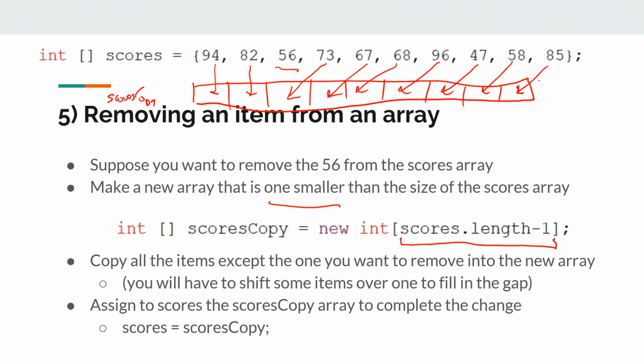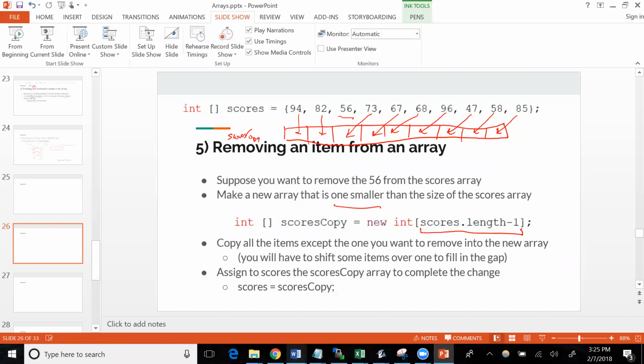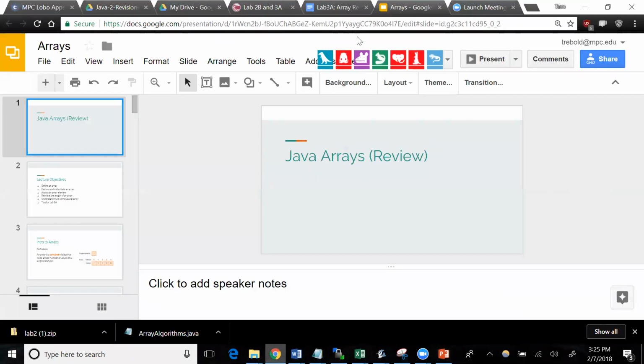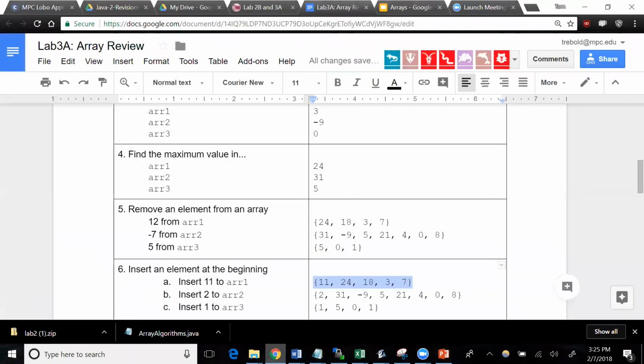Yeah, in fact, just to clarify that, because it is a little bit scattered, look again at the lab. The method that you write has to receive the item that you're trying to remove as well as the array, right?